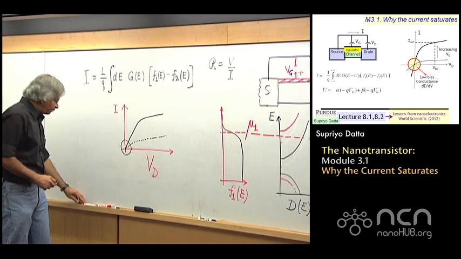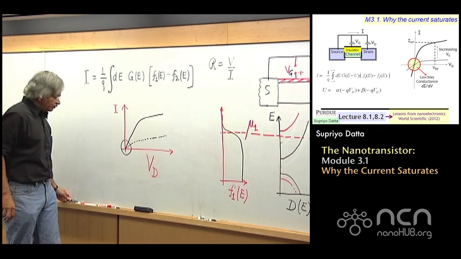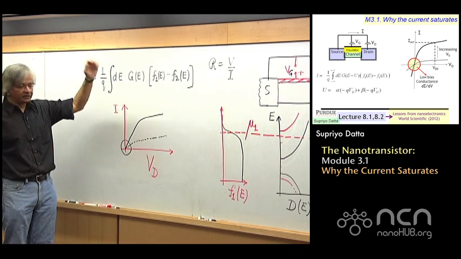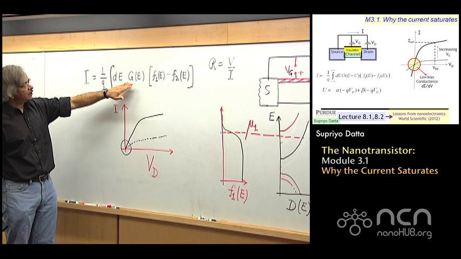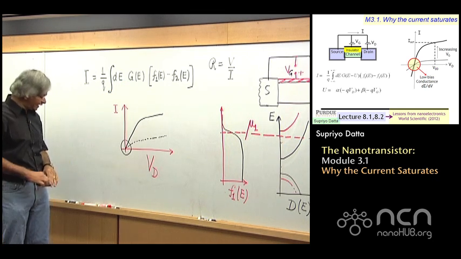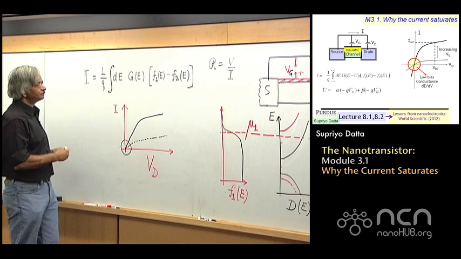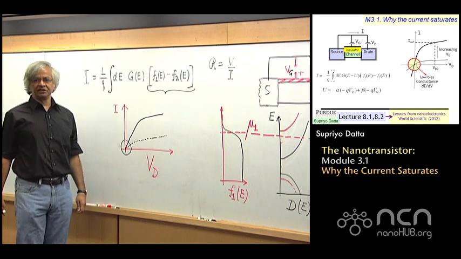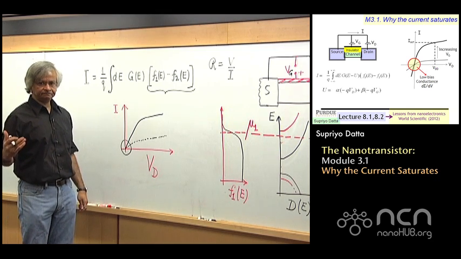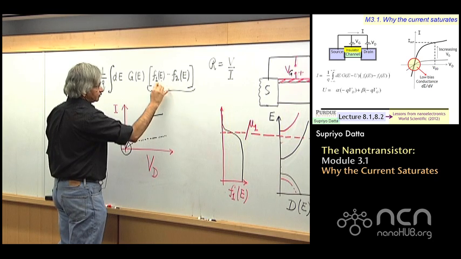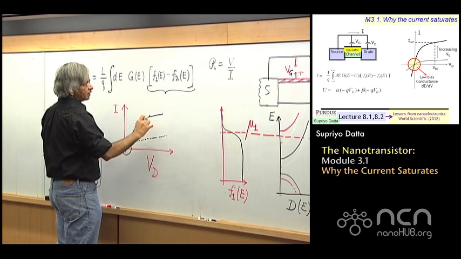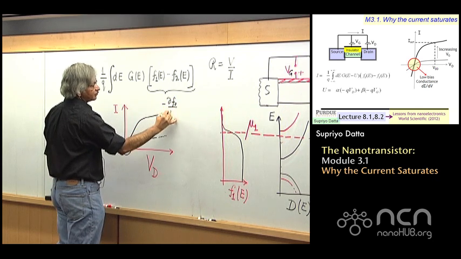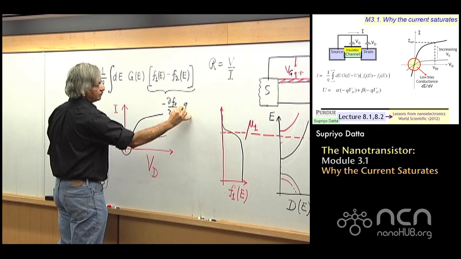Now, for that purpose, you might want to look at the expression for the current that we first obtained back in week 1. We had this expression first, and then what we had done was we took this part of it and said that for small voltages, it is proportional to the voltage. So we said that if the difference between the two chemical potentials is small, then you could write this as minus derivative of F with respect to E times the applied voltage.